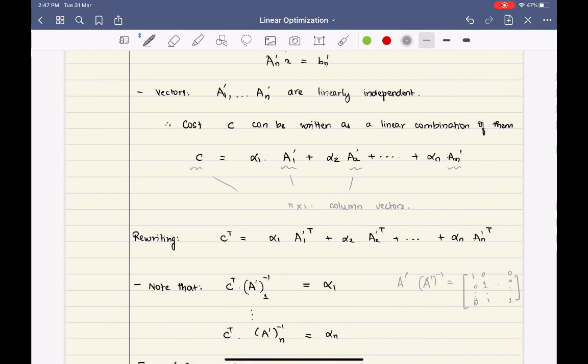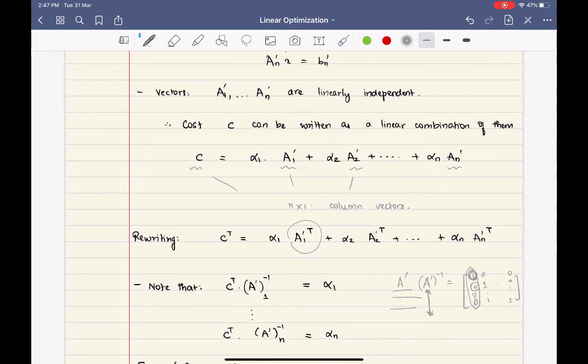So this says that if I multiply the first row of A prime by the first column of A prime inverse, I will get 1. If I multiply the second row of A prime and the first column of A prime inverse, I should get 0. Similarly, if I multiply the ith row of A prime and the first column of A prime inverse, I should get 0 when i is not 1. So that is what I am doing.